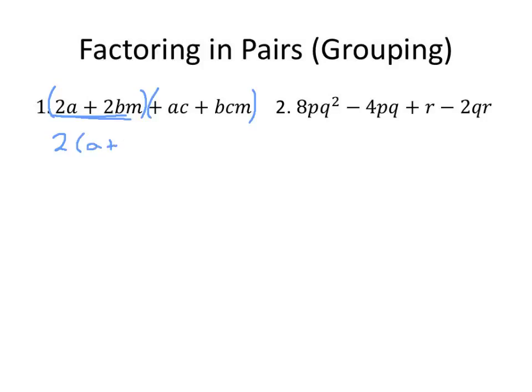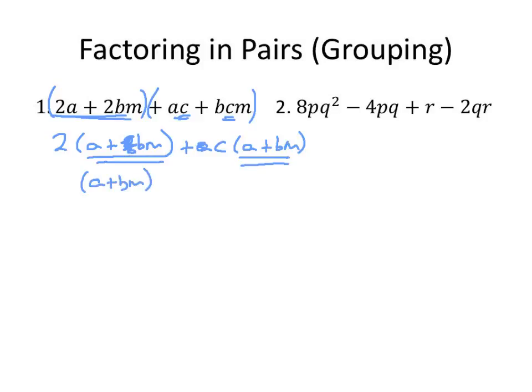I've taken out the 2, it leaves me a plus bm, and in the second one, I can take out a c. There's a common factor of c, so I take out the c, and it's going to leave me a plus bm. And by factorizing like that, I've created a common bracket of a plus bm. There's my common bracket, and what's left? 2 plus c.